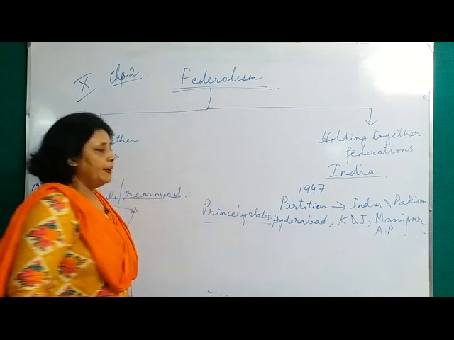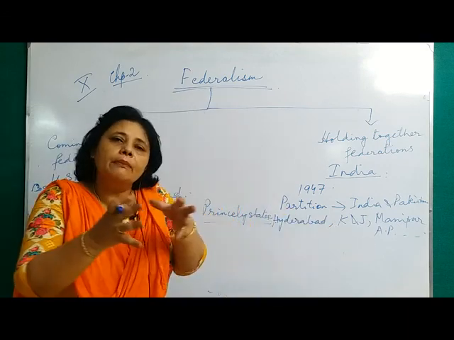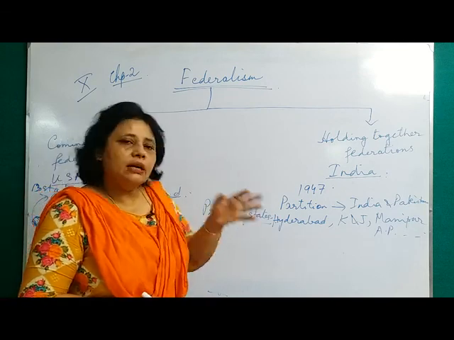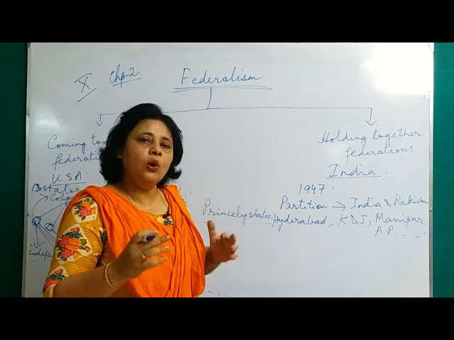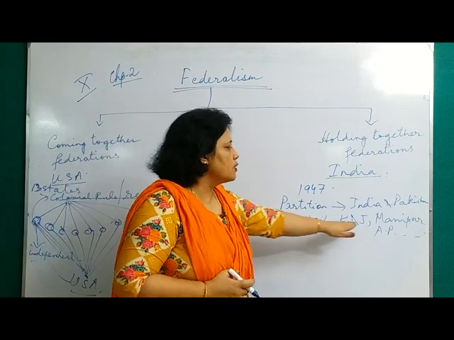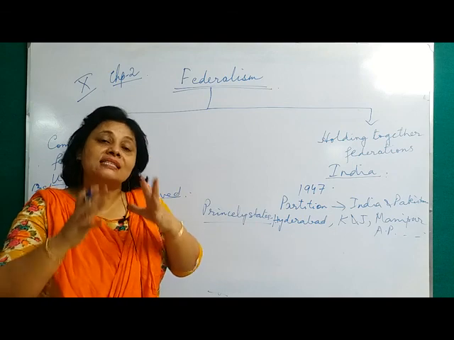So after independence, the rulers of these states were not ready to become a part of India. So what happened? You have heard the names of big leaders like Sardar Vallabhbhai Patel and Jawaharlal Nehru, who all played a very dominant role. And what did they do? They convinced the rulers of these states to come and build one single nation.